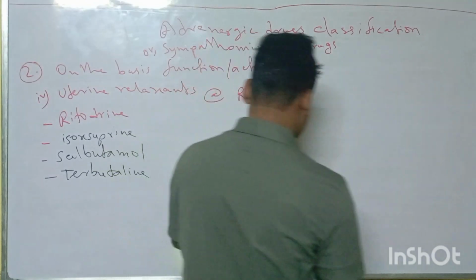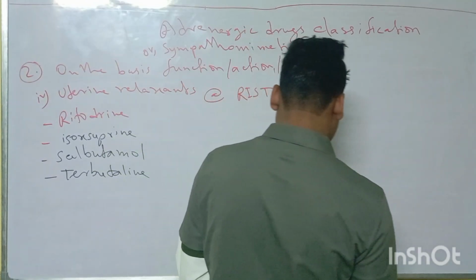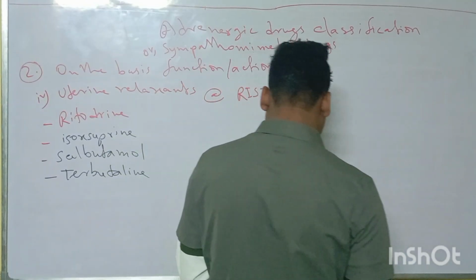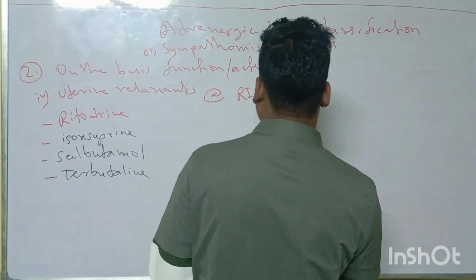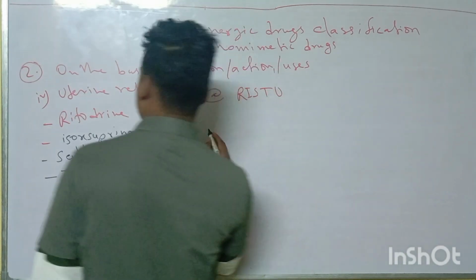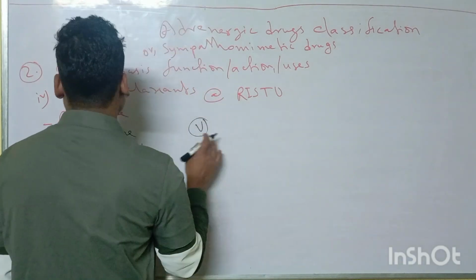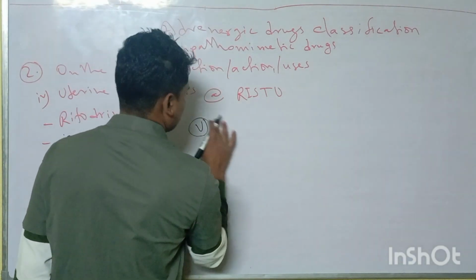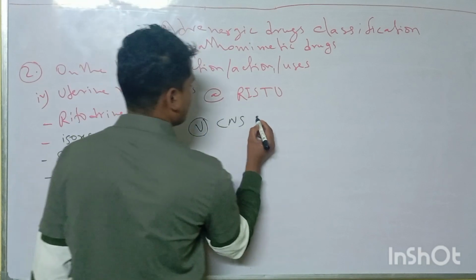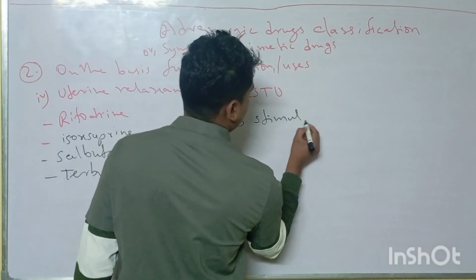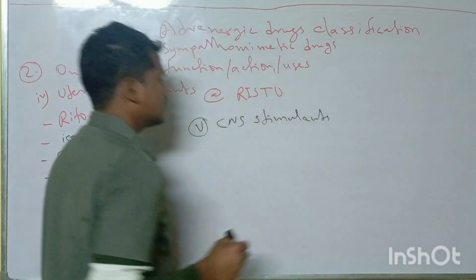Then move to another type. Number 5 is CNS, central nervous system stimulants.